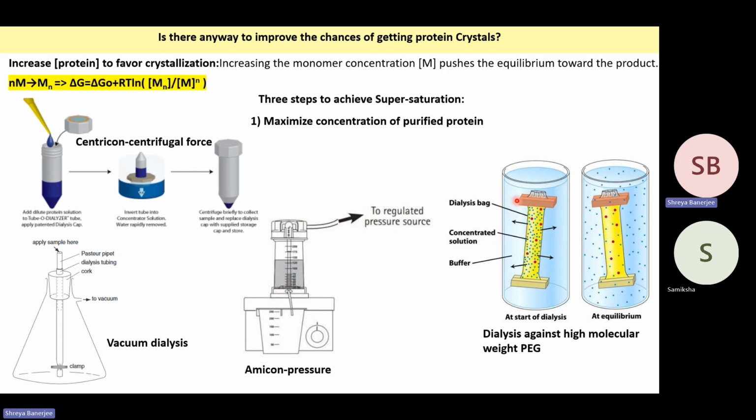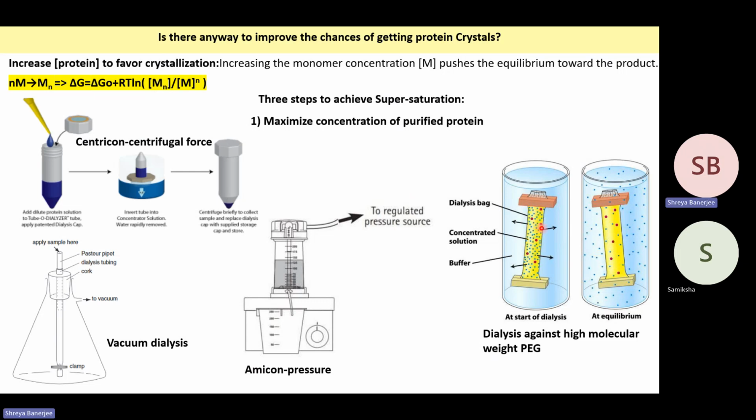Or another way this can be done is called dialysis. This is called a dialysis bag, and it has a semi-permeable membrane. Inside the dialysis bag, there is a concentrated solution of the protein.